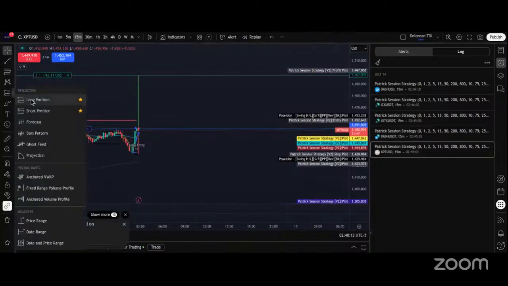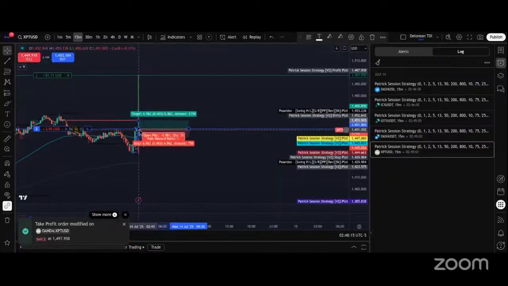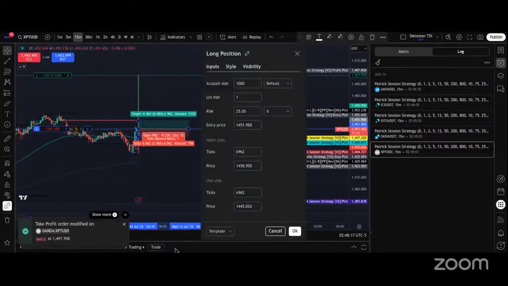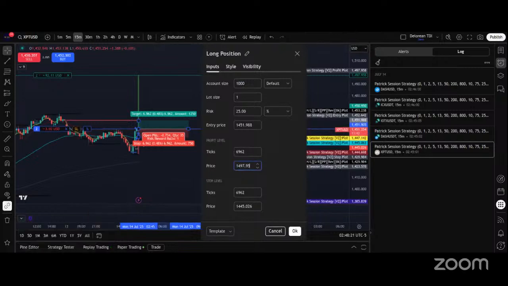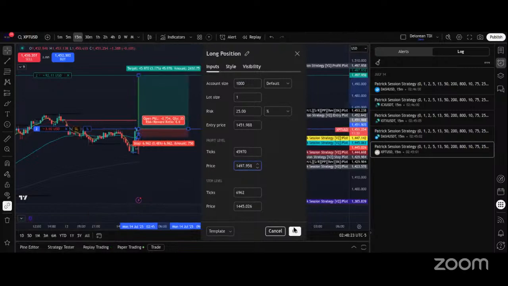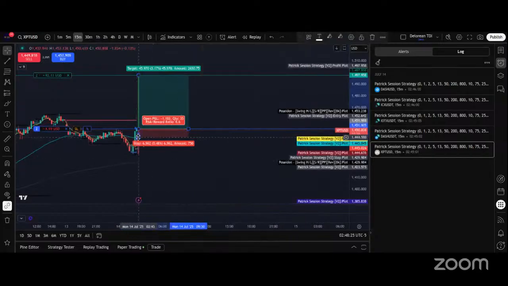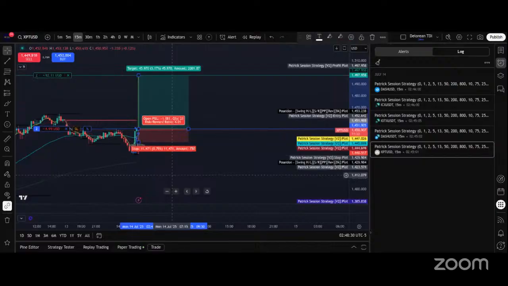And we're going to take a long position. Going to give ourselves some more wiggle room here. Got to go and grab my rubric.